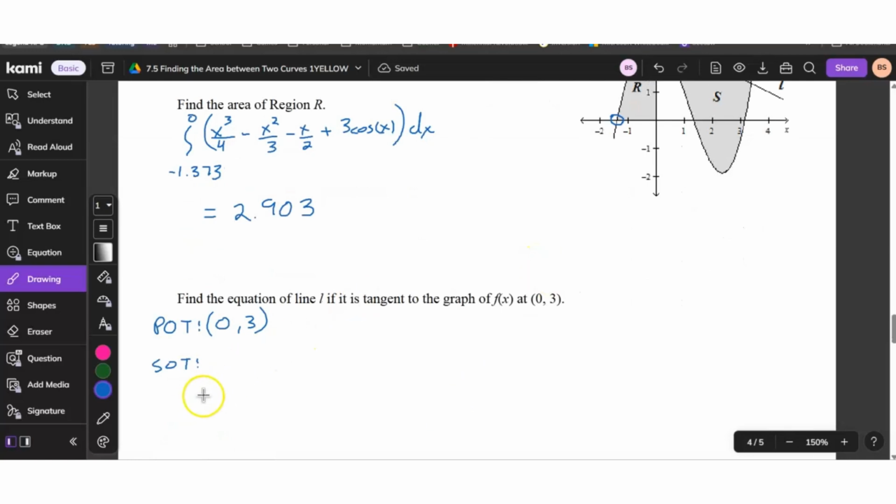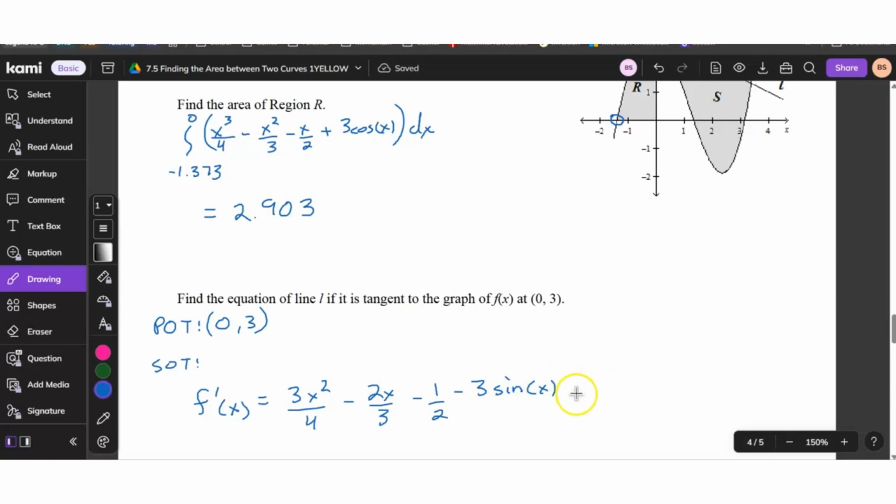All right, so now I'm going to have to find the derivative. So f prime, if this is the original, it would be 3x squared over 4 minus 2x over 3 minus 1/2 minus 3 sine x.